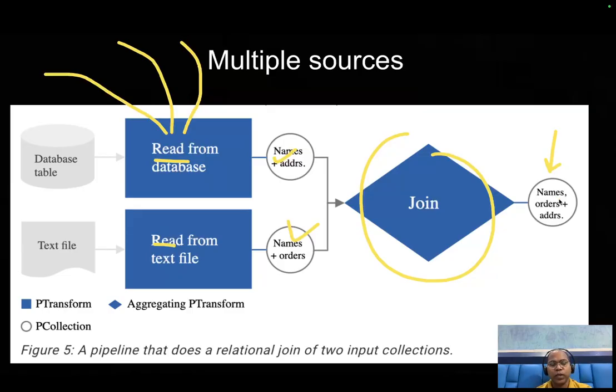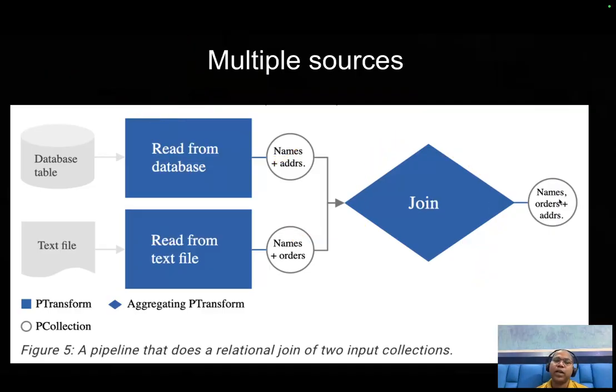So you can see different flavors of PCollections or PTransforms, or flows of pipeline you can build, maybe joining, maybe merging, and other parts. Okay, so whatever we discussed, these are the very basics about Apache Beam.